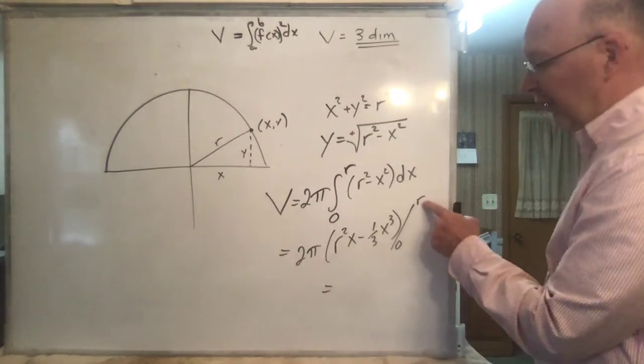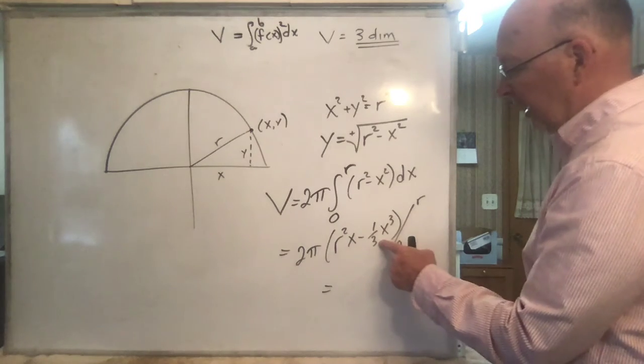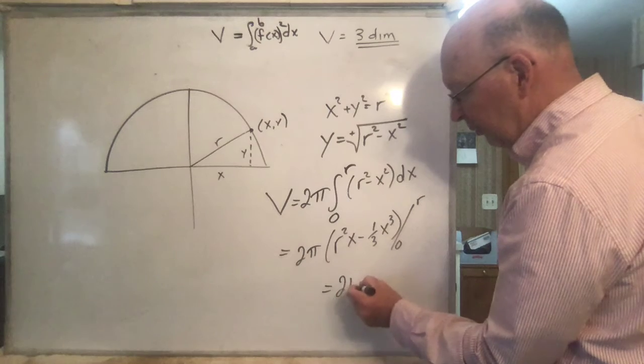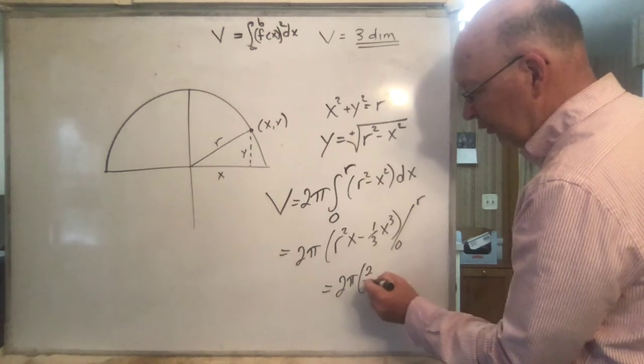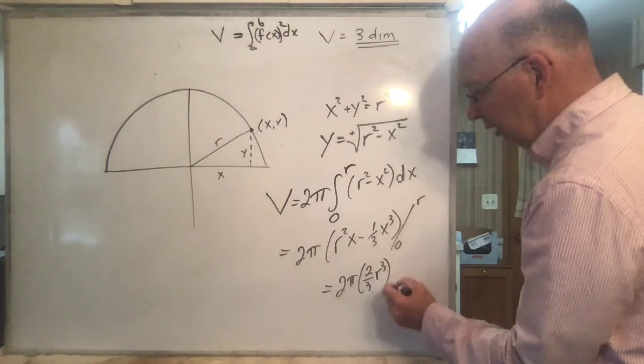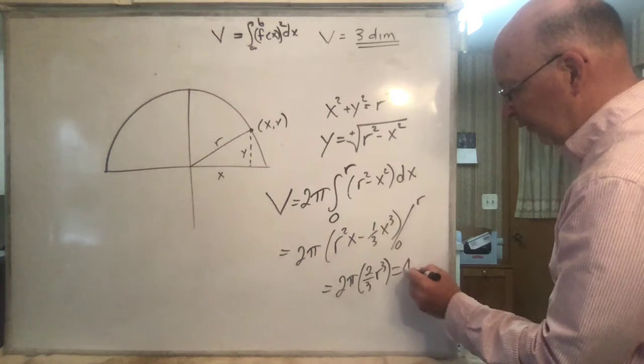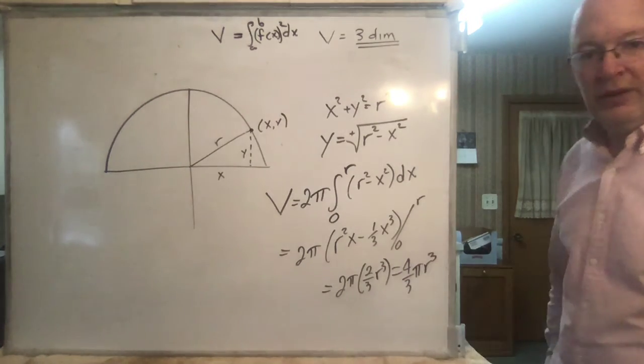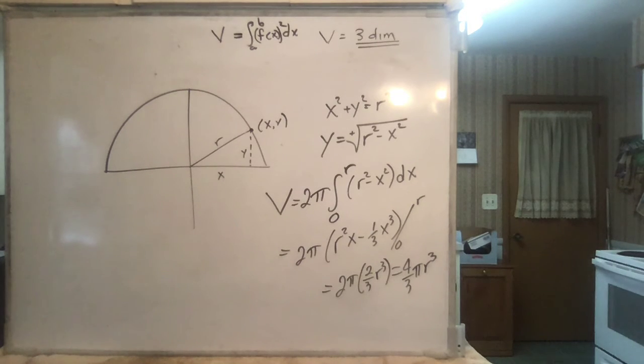You stick in an r there, and you're going to get r cubed minus 1/3 r cubed, which is 2/3 r cubed. So it's going to be 2 pi times 2/3 r cubed, which of course gives 4/3 pi r cubed. There you go. So how cool is that? So there's the volume of a sphere.